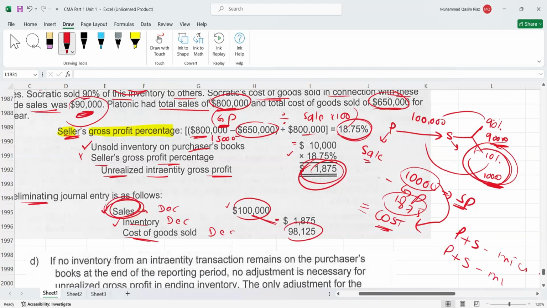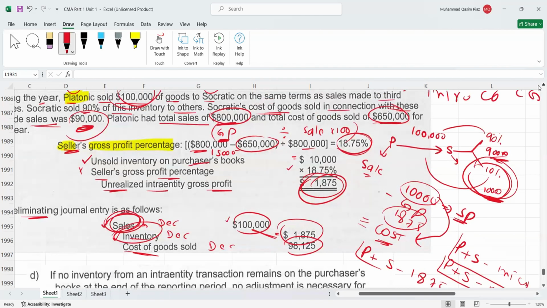For the balance sheet, we write parent inventory plus subsidiary inventory minus this unrealized profit, 1875. These produce the consolidated figures for sales, cost of goods sold, and inventory. Understood, guys? Now another scenario.